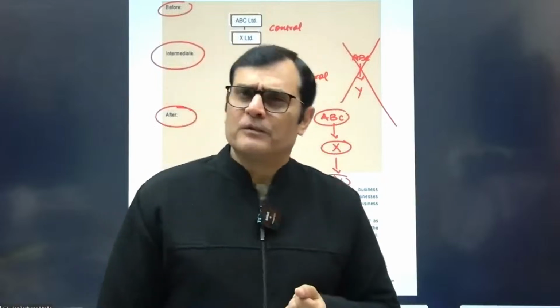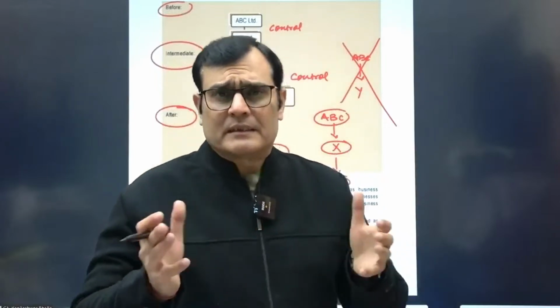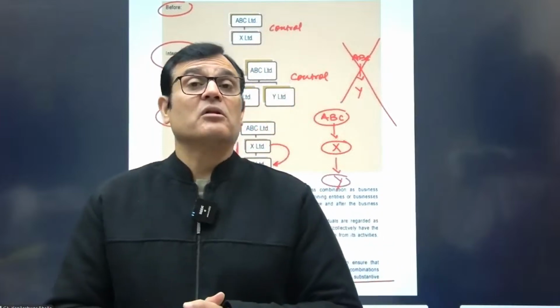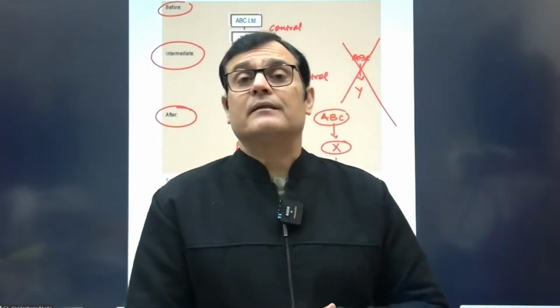The control which ABC had on Y should be for a couple of time. Now, what is the time period within which the control should be there is not defined, because the standard does not give you the concept of this. In fact, let me tell you that on this particular concept of common control, there is a lot of research still going on at the International Accounting Standards Board level as well.